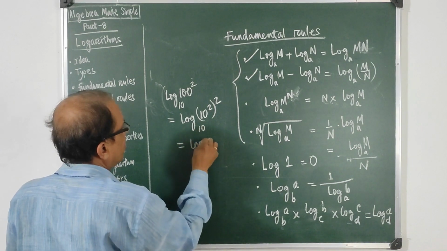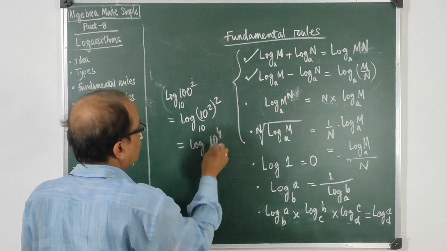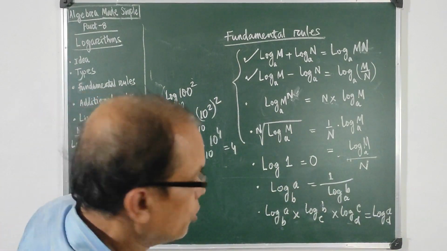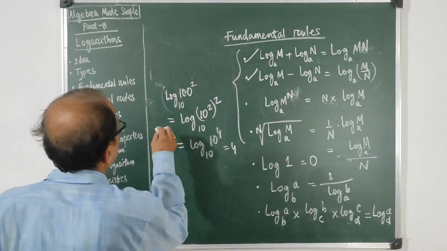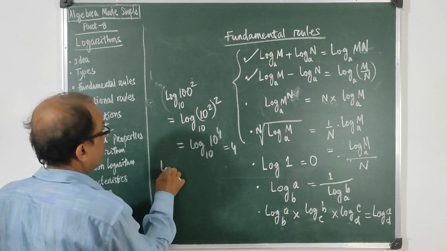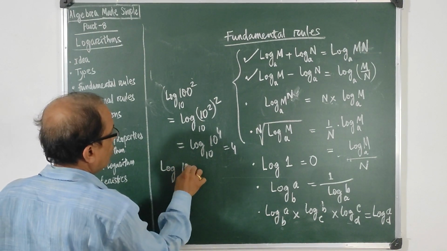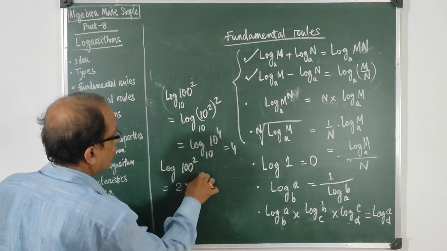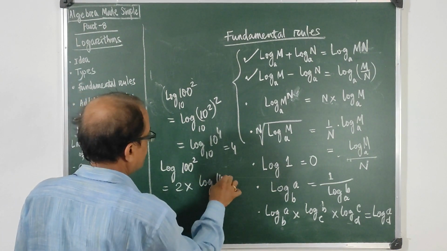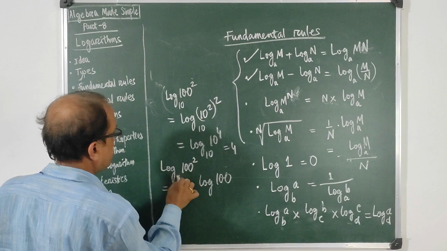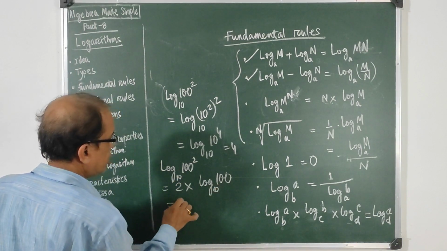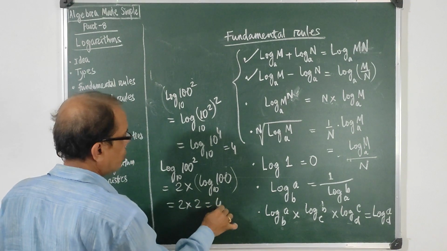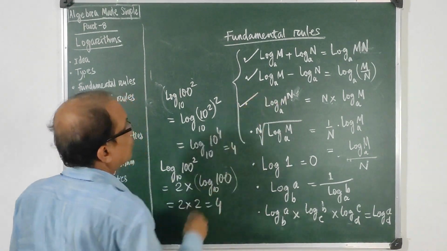So this is log 10 to the power 4 to the base 10, which is equal to 4. We get 4 as a result, but how much will it be directly? Log 100 square is equal to 2 into log 100, base is 10. So this is 2 into log 100 to the base 10, which is 2, so equal to 4. So we got the thing true.